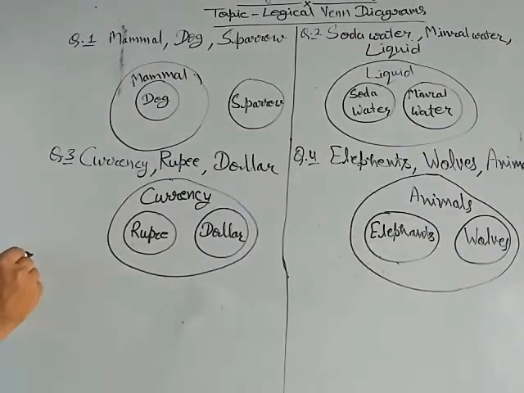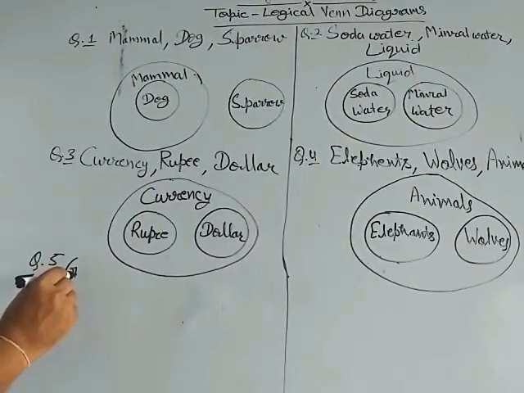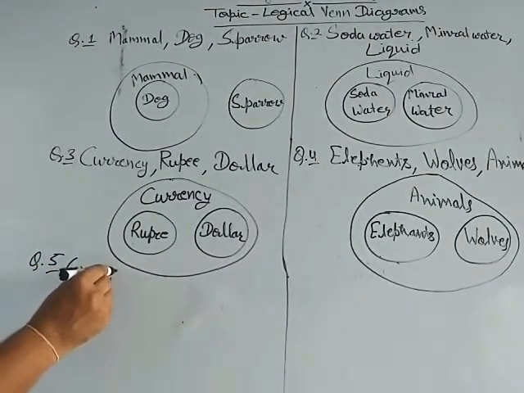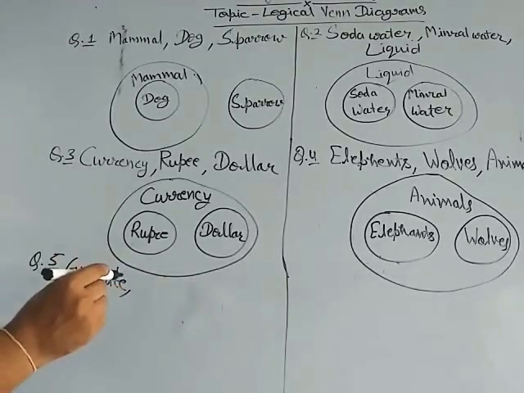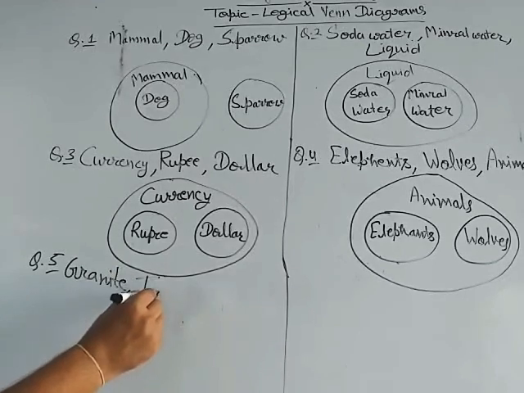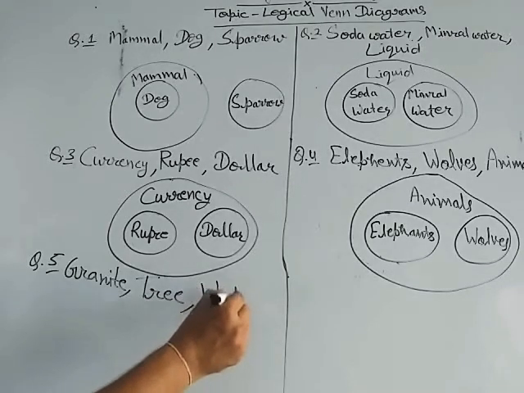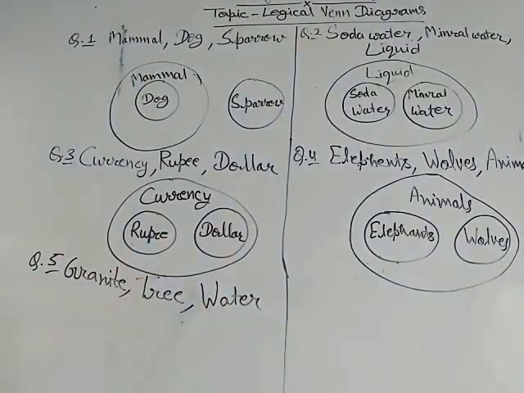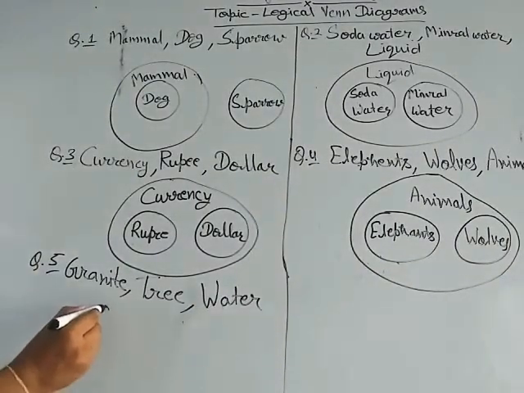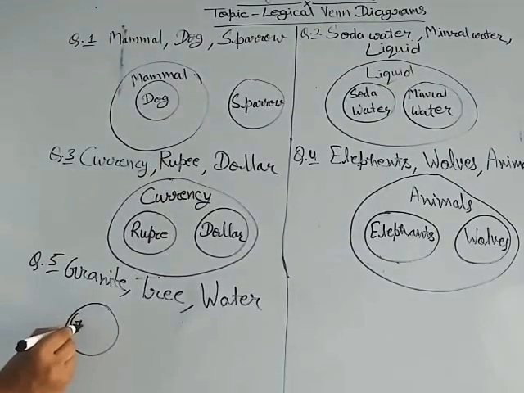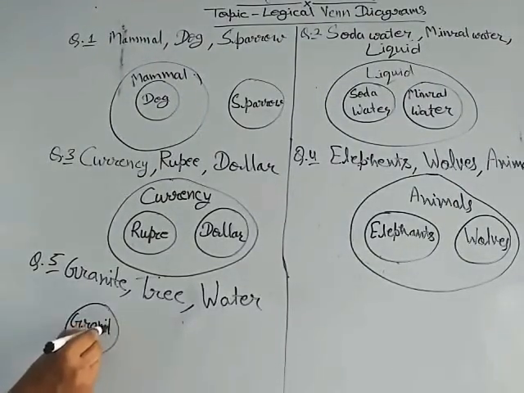Next is question number 5. In question number 5, we have to represent in a Venn diagram granite, tree and water.